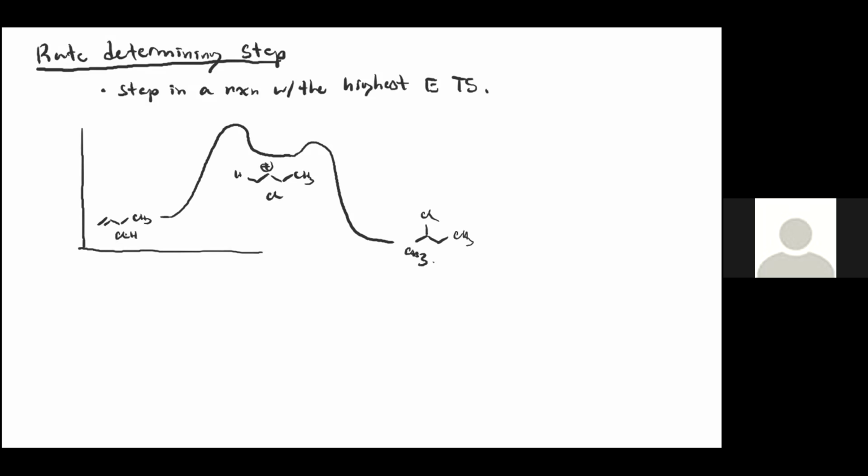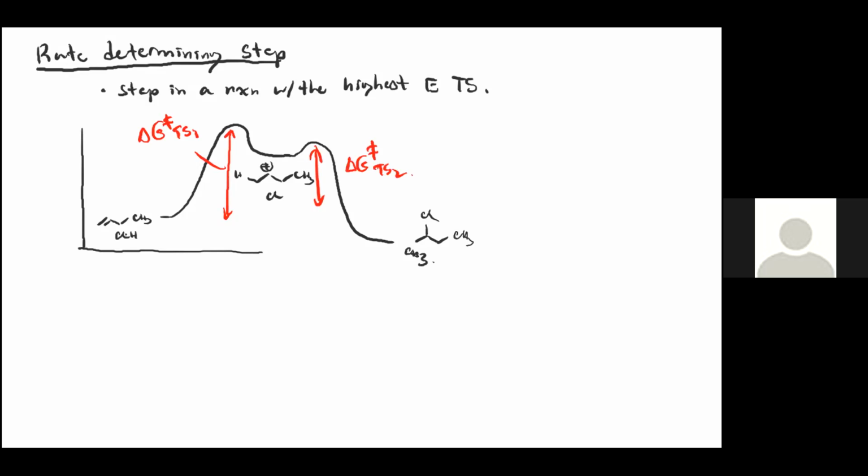And when we're measuring the activation energies, we always measure from the starting materials. So this is delta G double dagger TS1, and this is delta G double dagger TS2.